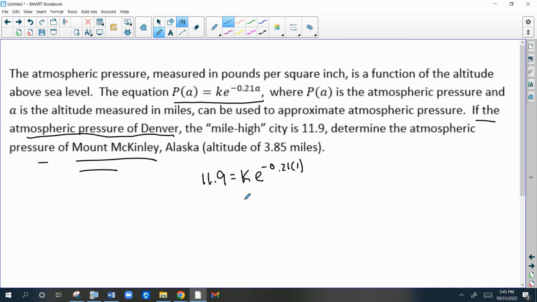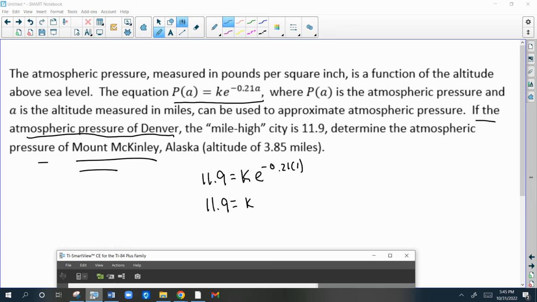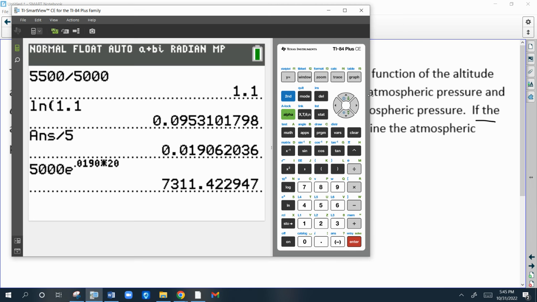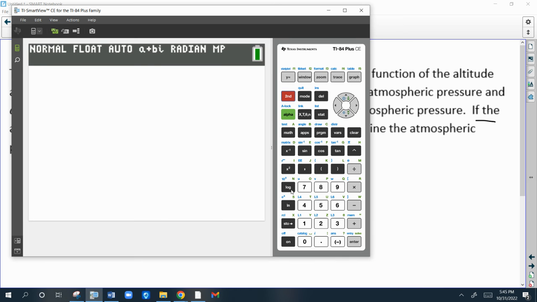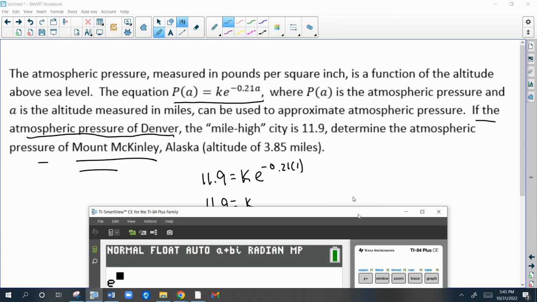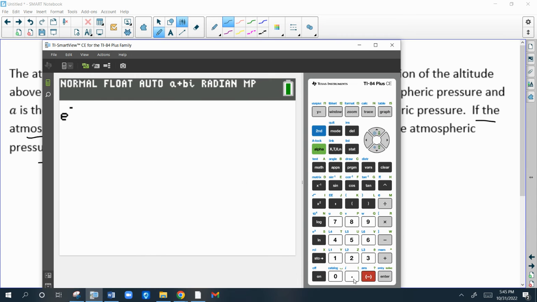So pretty simple here. You can just do it on the calculator. E to the negative 0.21 on my calculator. Second natural log, e to the negative 0.21 times 1.